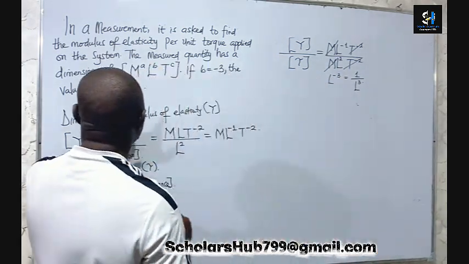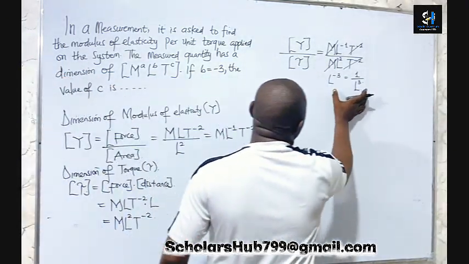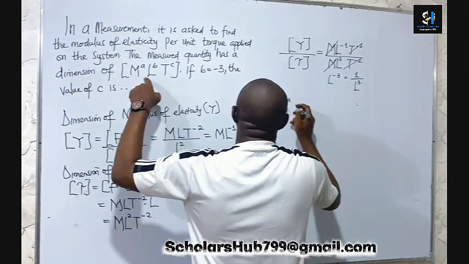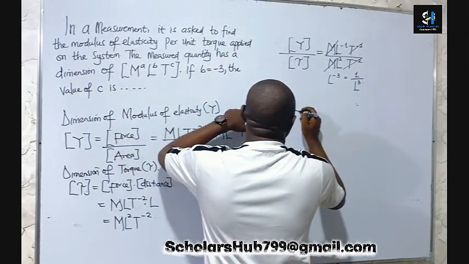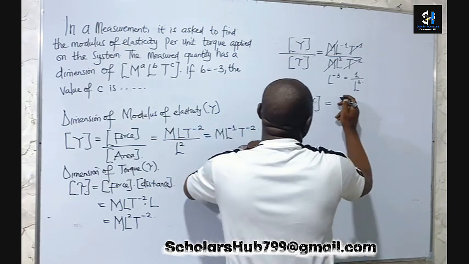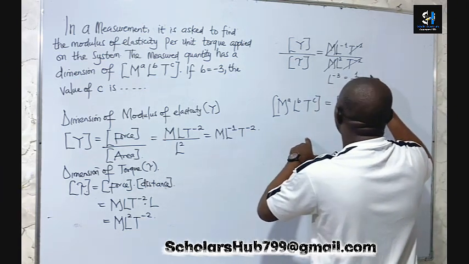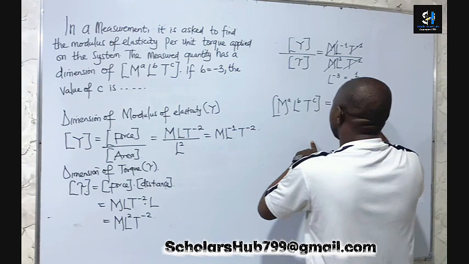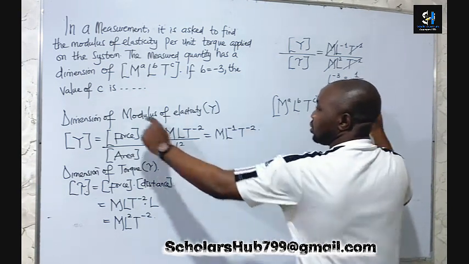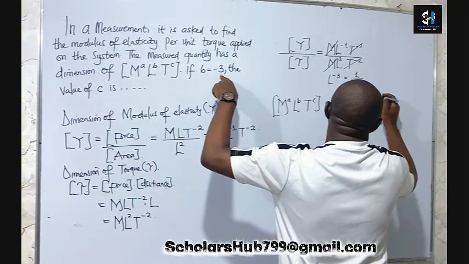Now let's go back to what we have here. We are given M to the A, L to the B, T to the C. On the right-hand side, this is what we got as the answer: M to the 0, then L to the -3, so B equals -3, then T to the 0.